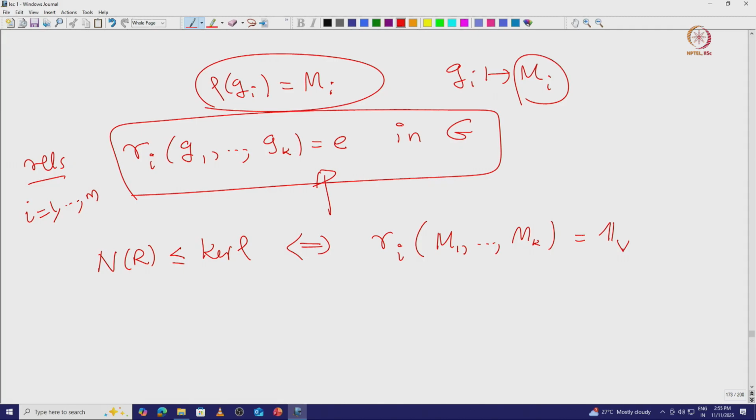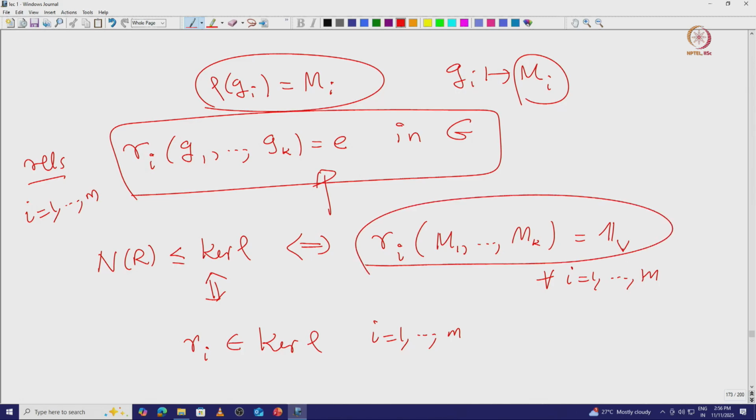So, that means R_i should be inside the kernel of rho. That is what we want for all i ranging from 1 to m. So, we want for all i from 1 to m that the relation R_i(g_1, etcetera g_k) = e should be satisfied by the images M_1 etcetera M_k.